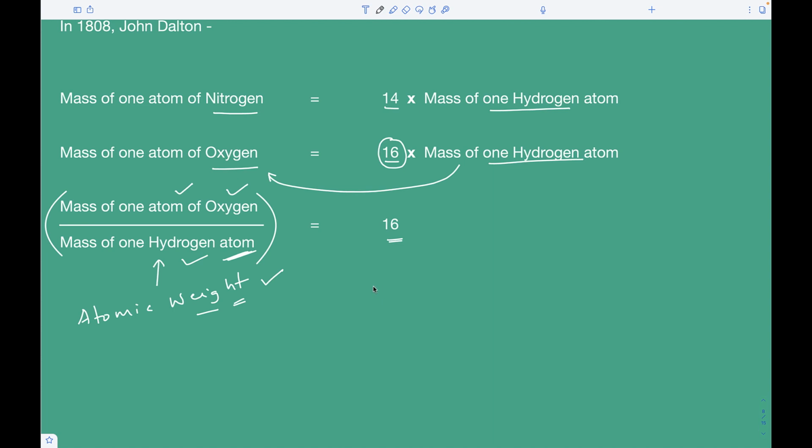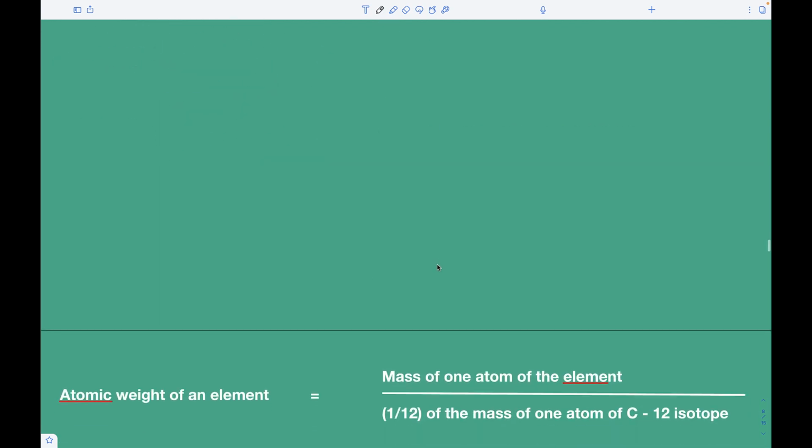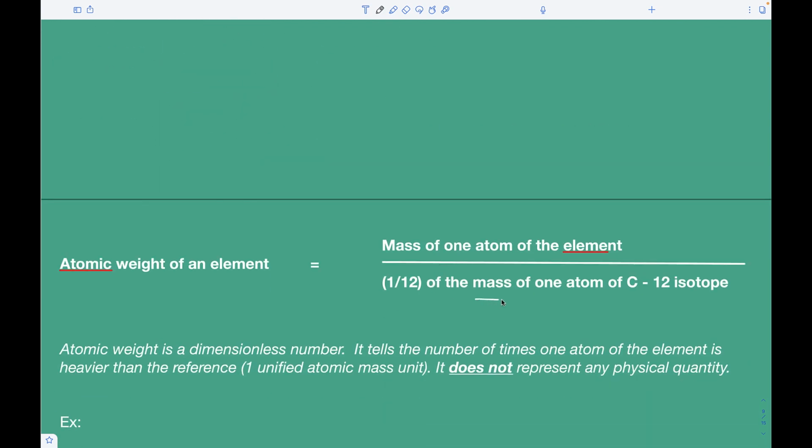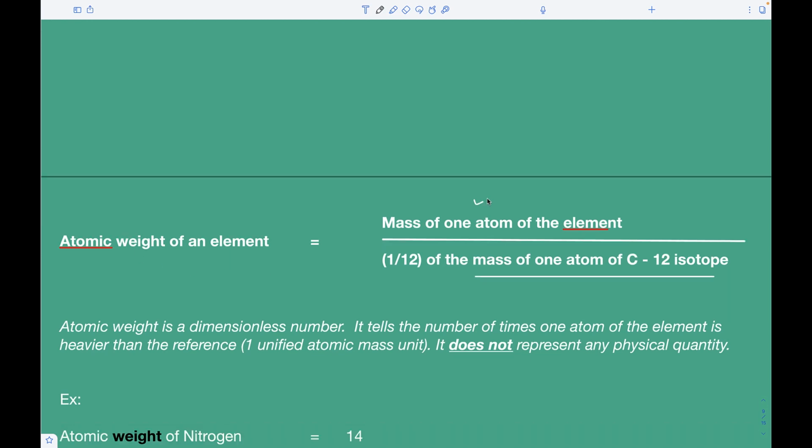The second difference is John Dalton took the mass of one hydrogen atom as the reference to determine atomic weights, but today we use 1/12 of the mass of one atom of C12 isotope as the reference.